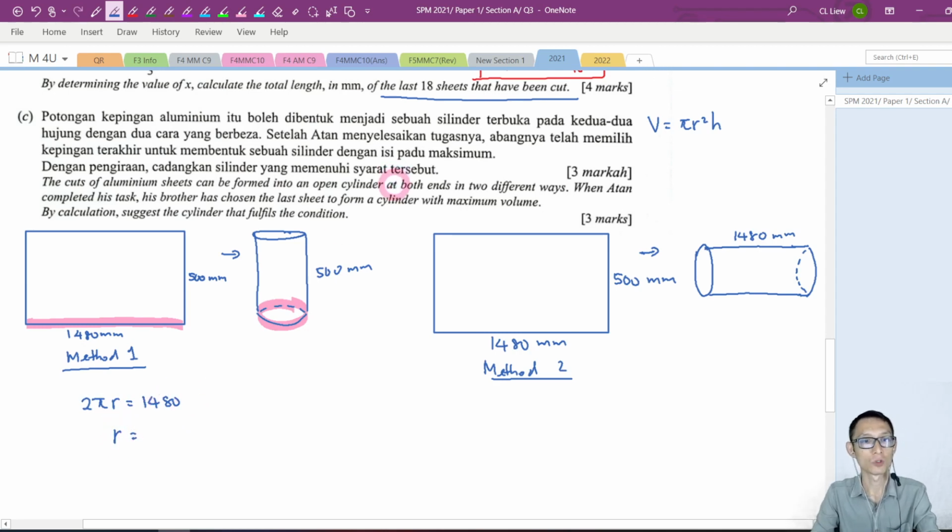Since the question does not give us the pi, so I just leave my answer in terms of pi. So 1480 divided by 2 pi. So r is equal to 1480 divided by 2. Okay, you will get 740 pi. Oh, sorry, 740 over pi. Over pi. Okay, so this is a radius, millimeter.